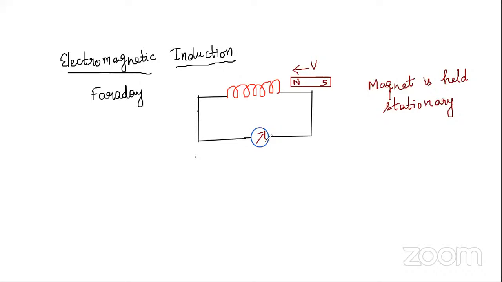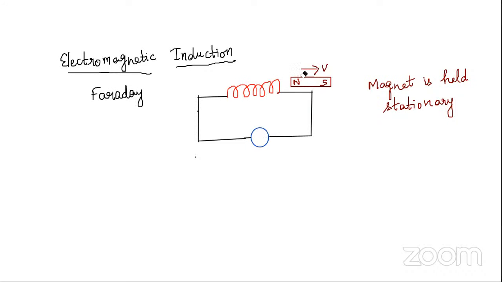Now let us consider the second scenario. Actually what he is doing is, the bar magnet is moved away from the coil like this with velocity v. It is in the opposite direction to the earlier case.